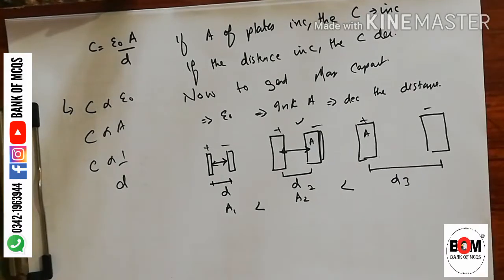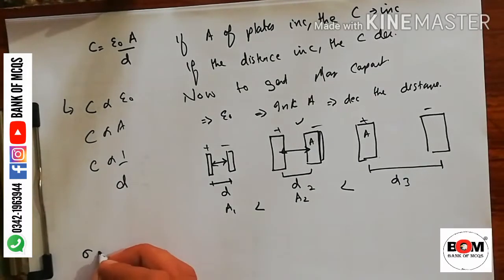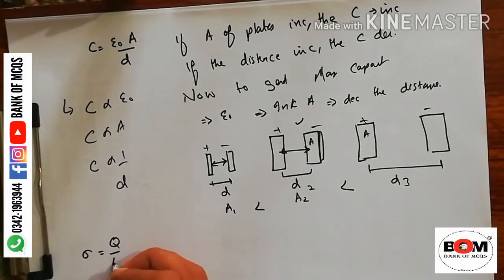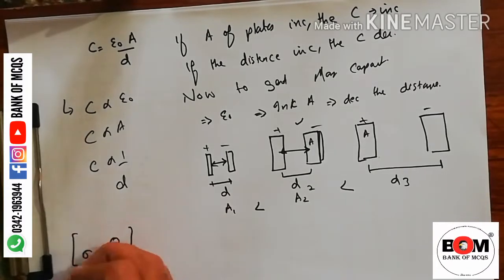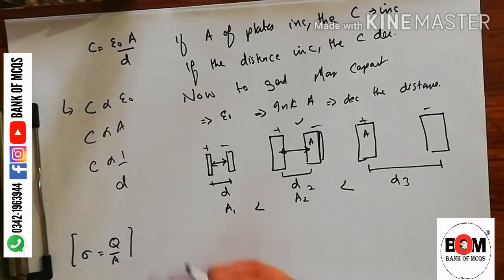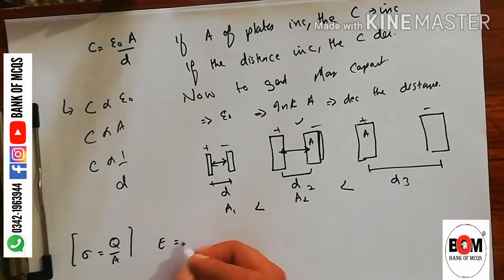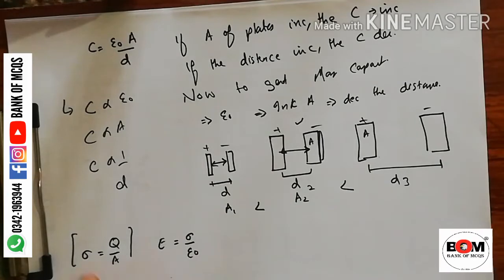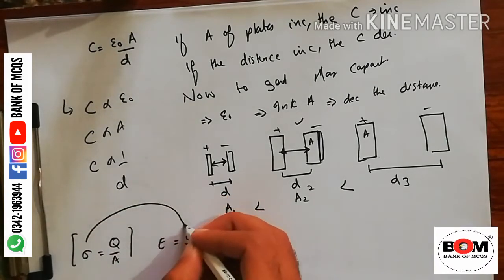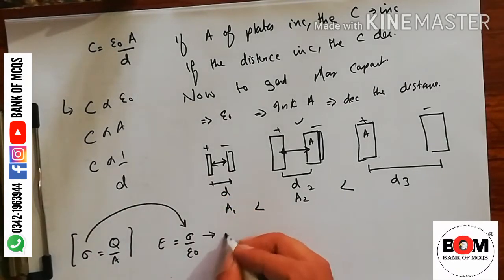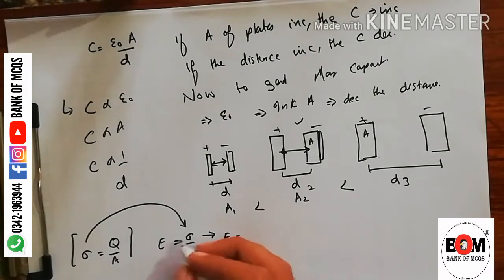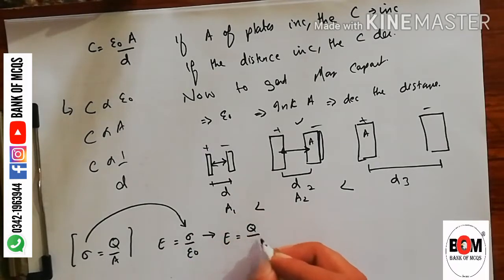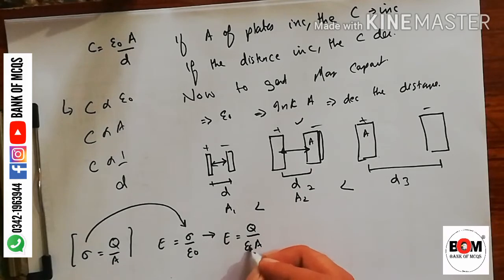Now to derive this equation is quite easy. We know that the charge density is equal to Q by A. We also know by Gauss's law that E is equal to rho divided by E naught. Now putting rho in this, we get E is equal to Q divided by A E naught.